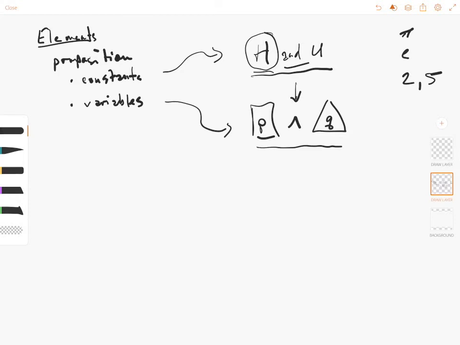So we'll represent the idea that this square could be filled in by any proposition using a variable P. So P basically stands for an empty slot that requires a proposition to go in it.